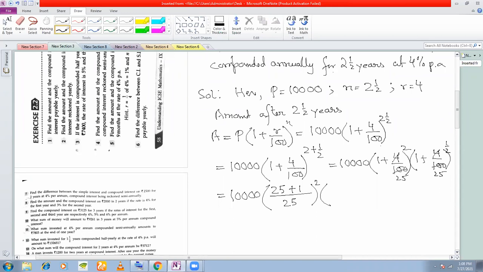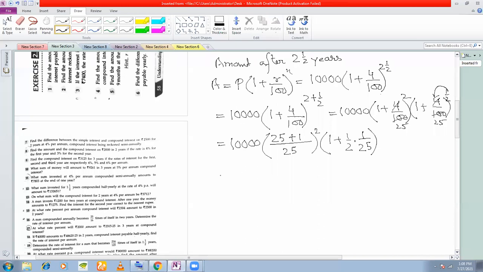And here what you do is you multiply half with this. So 1 plus half into 1 by 25. So this is 10,000 into 26 by 25 square into 1 plus 1 by 50.